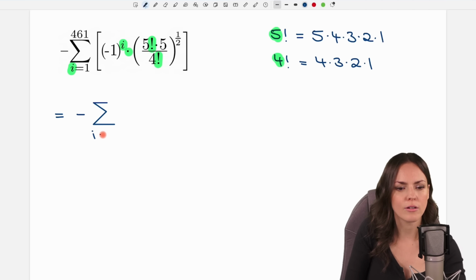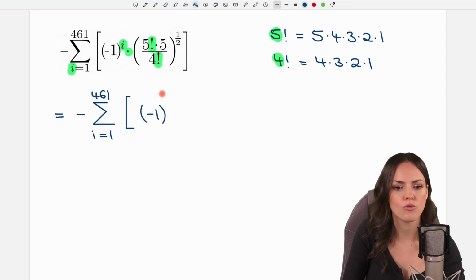Our I starts at 1 and goes up to 461. Inside we have our -1 that is raised to the power of I, and all of this is multiplied by, and here we're going to change these things now.